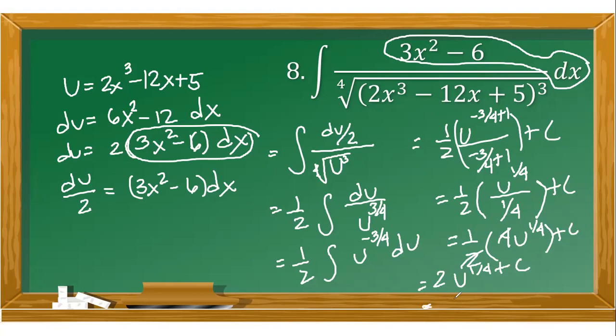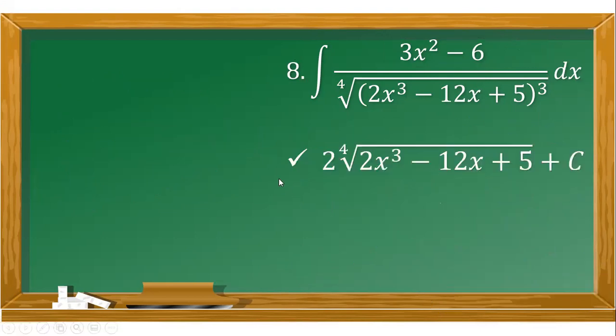Bringing back the value of u, that will be 2 times 2x cubed minus 12x plus 5 raised to 1/4 plus c. And that will be our final answer. Okay? So raised to 1/4 means fourth root.